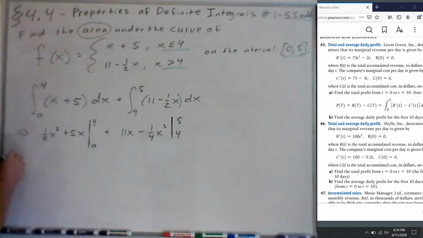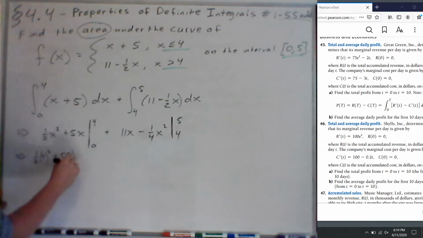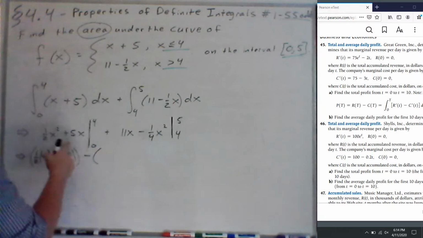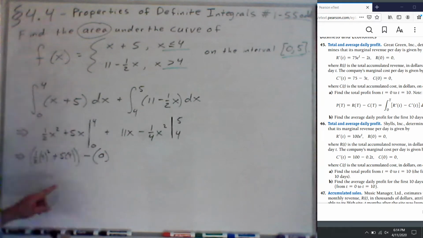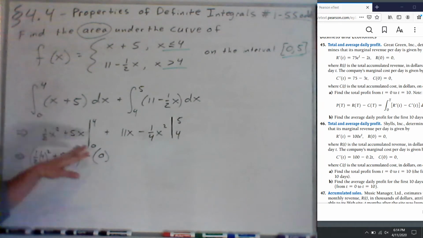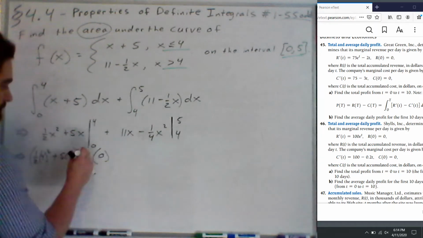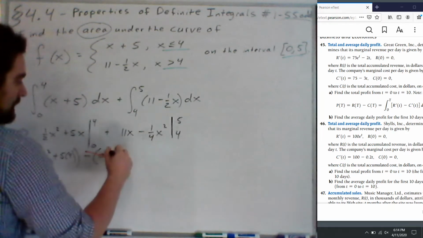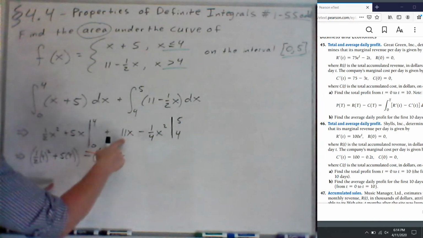All right, so I'll plug in my upper bound: 1/2 times 4 squared plus 5 times 4. There's my upper bound 4 plugged in, and then I subtract my lower bound plugged in, which is just going to give me 0: half of 0 squared plus 5 times 0. So I'm just subtracting 0 in the end, so that's gone. Now I need to add the next part.